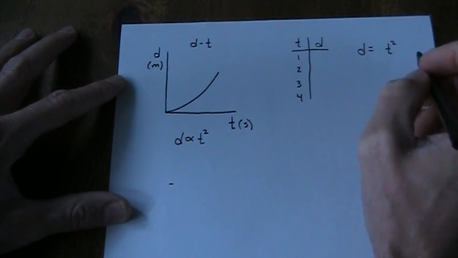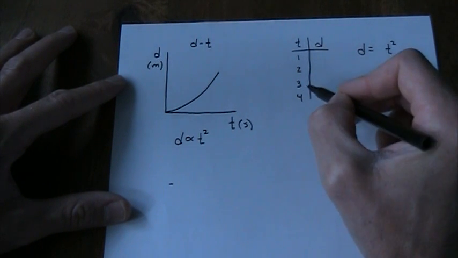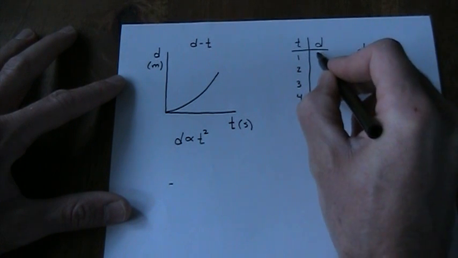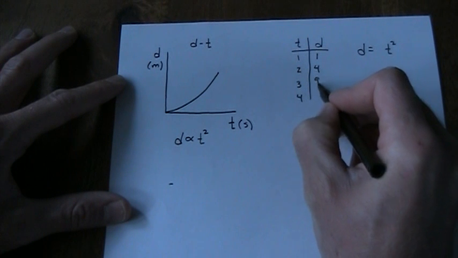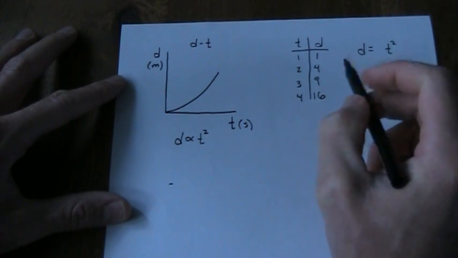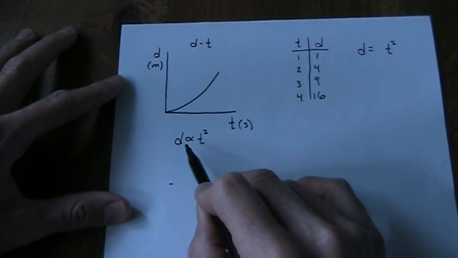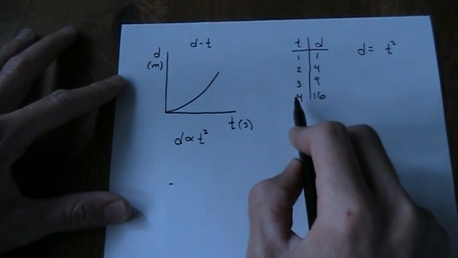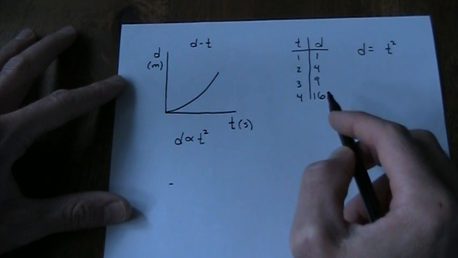If we do a very simple example of d equals t squared, and I fill in my data table, 1 squared will be 1, 2 squared will be 4, 3 squared is 9, 4 squared will be 16. So when I ask about the meaning of this relationship, what I want to know is if I make a change to my independent variable, what change will I see with my dependent variable?